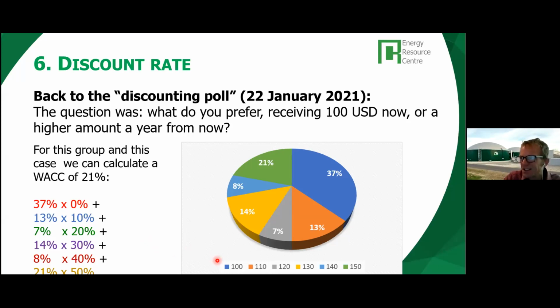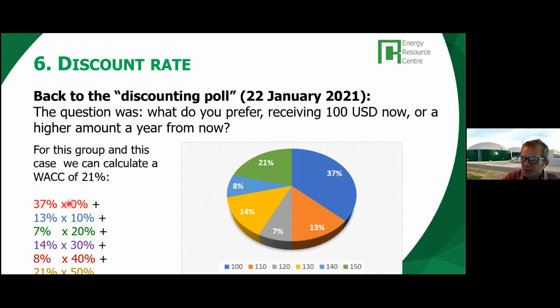Some people said, well, I would prefer to have $100 in the future. That was 37%. So 37% would say, I would rather have the $100 in the future, which is the same as the $100 at present.